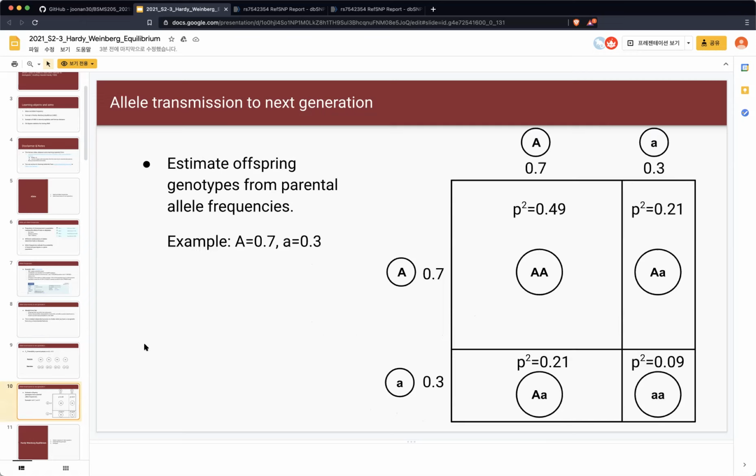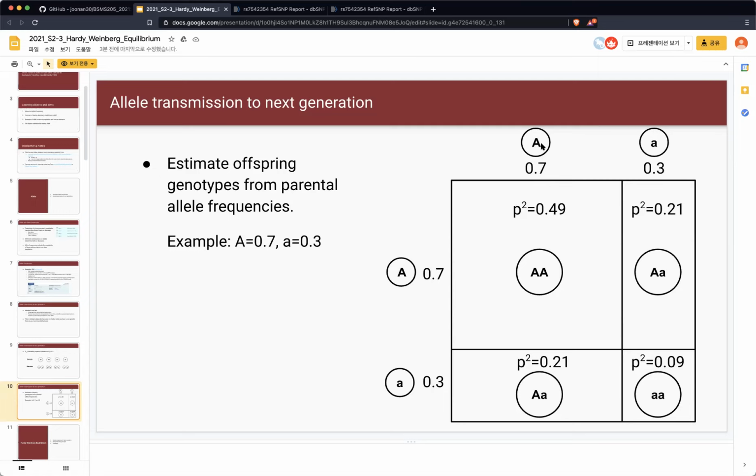Okay, so if you think about that randomized probability, then we can easily calculate the probability of the genotypes you will have in the next generation. Let's say you have the frequency of an allele in a population. This is not the probability of transmission, this is the frequency of the allele in a population.